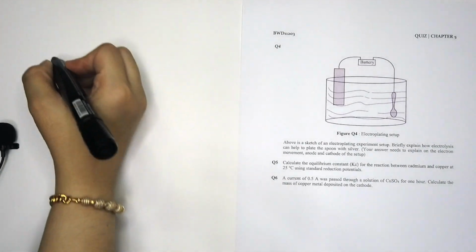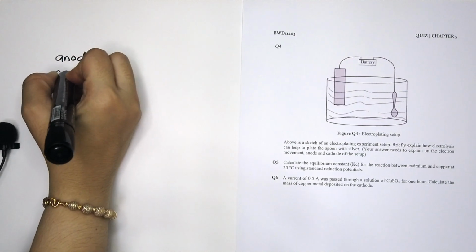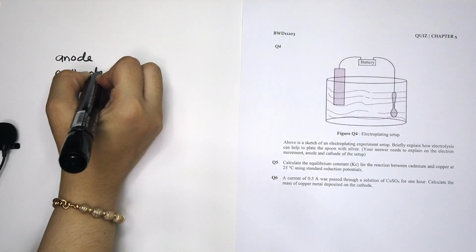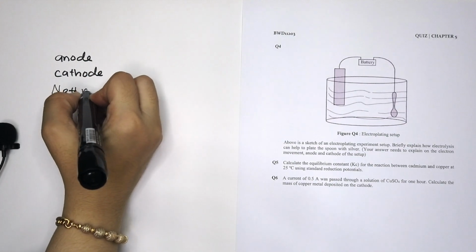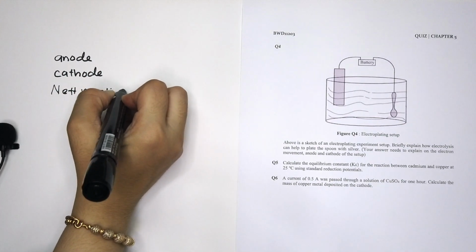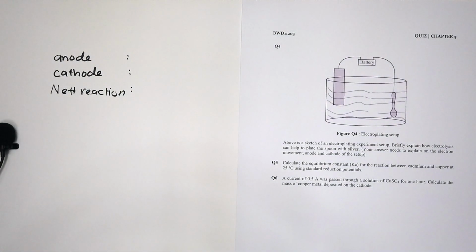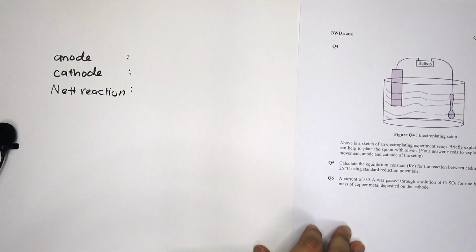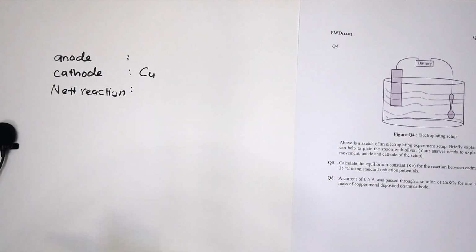Okay, now let's write anode, cathode, and then we shall have the net reaction. So what shall it be? According to this table, we know that the cathode is the copper. If it's reduction, you just have to copy.